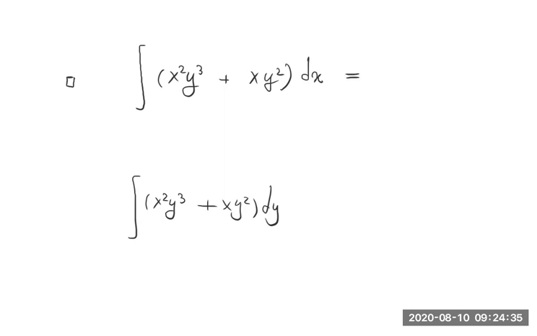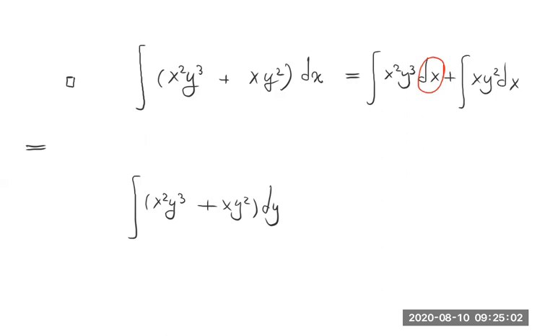So here, I can break this integral into 2 pieces, first of all. One important thing here is that when we were writing integrals in one variable, a lot of times we might not really write the dx, right?